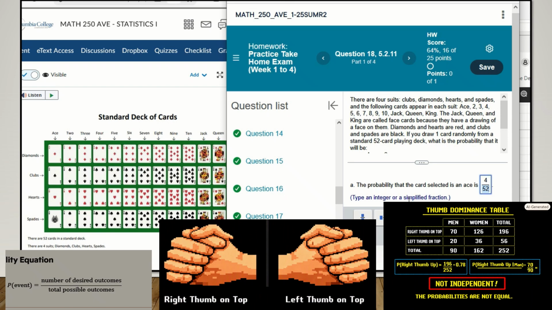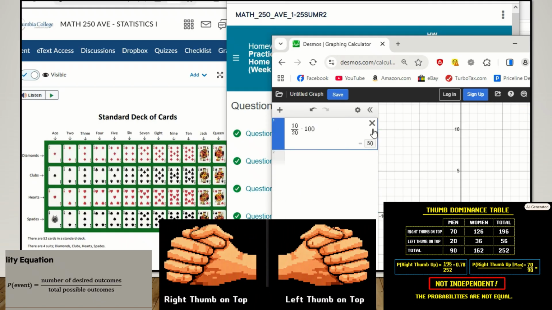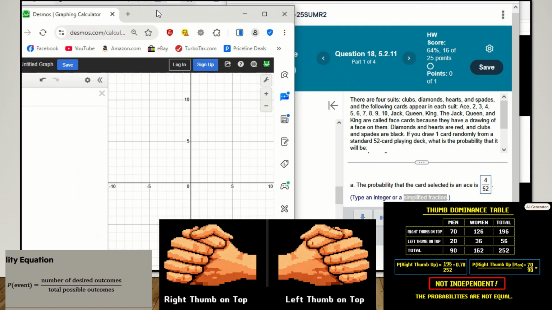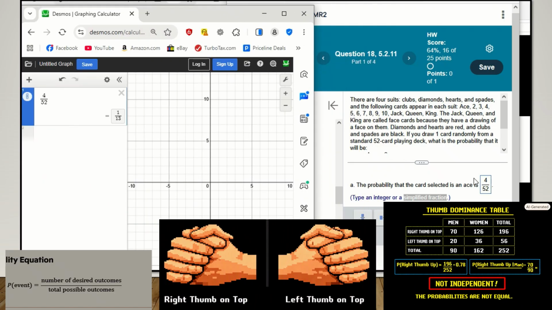But remember, it wants a simplified fraction. So to make life a little easier, we can just put that one into Desmos, so we're not using our brain to reduce these things. Remember, hit the fraction bar and it'll give you a reduced fraction. So the answer is actually 1 out of 13.